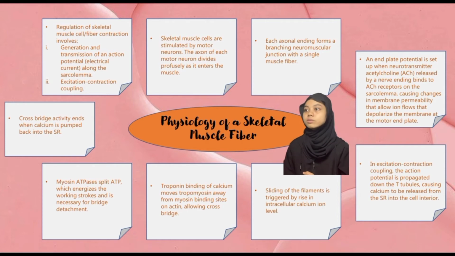The axon of each motor neuron divides profusely as it enters the muscle. Each axonal ending forms a branching neuromuscular junction with a single muscle fiber. An end-plate potential is set up when the neurotransmitter acetylcholine (ACh) released by a nerve ending binds to ACh receptors on the sarcolemma, causing changes in membrane permeability that allow ion flows that depolarize the membrane at the motor end plate.